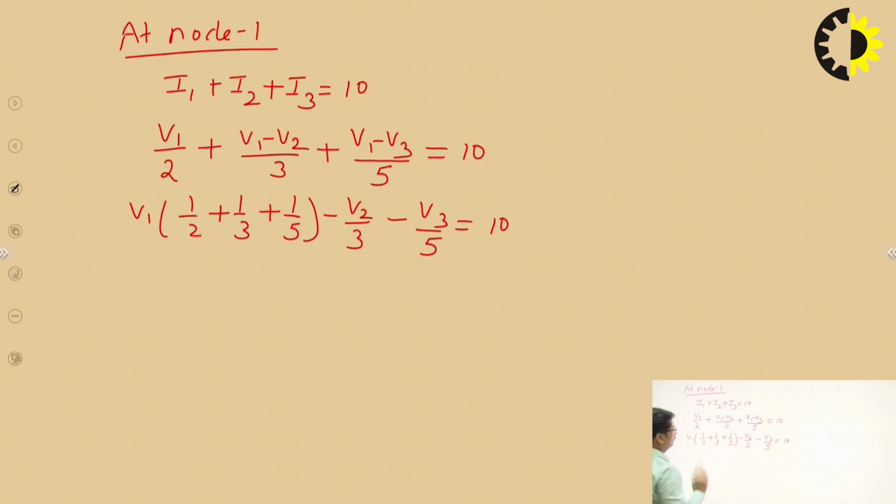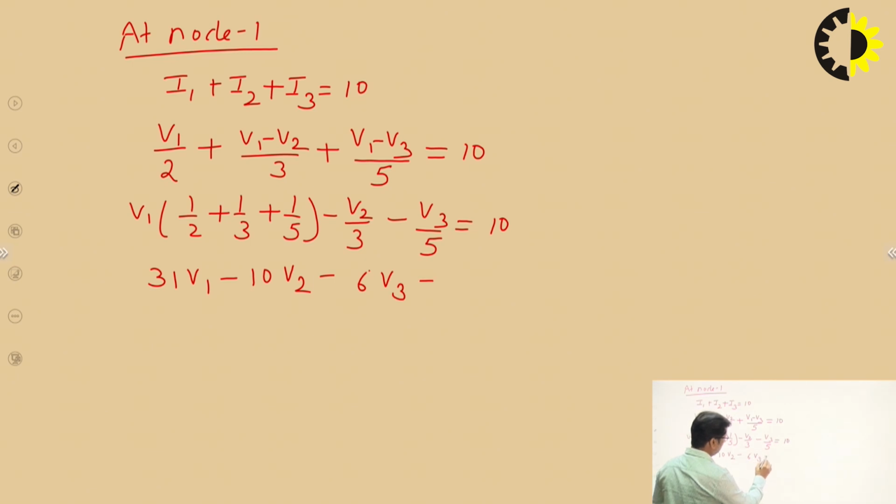On simplification, we can write this equation as 31 V1 minus 10 V2 minus 6 V3 equal to 300. So when we solve this, we get this equation, and this is the first equation.